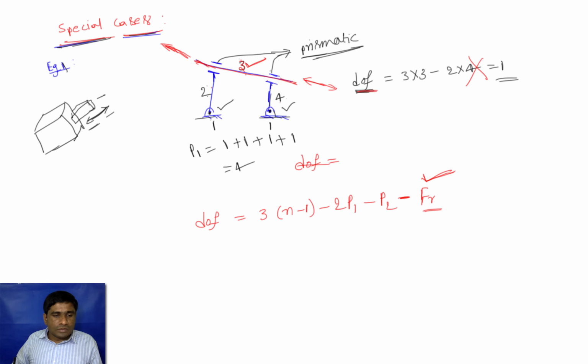If I substitute in this mechanism, 3 into 3 minus 2 into 4 minus 1, this equals 0, so degree of freedom equals 0. So let's see whether it's correct or not.